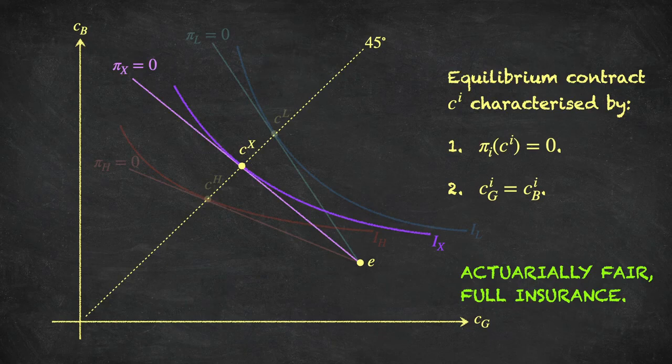So that is the characterization of competitive equilibrium: a single contract, or CH is equal to CL. So we just have one contract, which we label CX. It must earn zero expected profit, and it must be the most preferred of such contracts. So it's a full insurance contract.